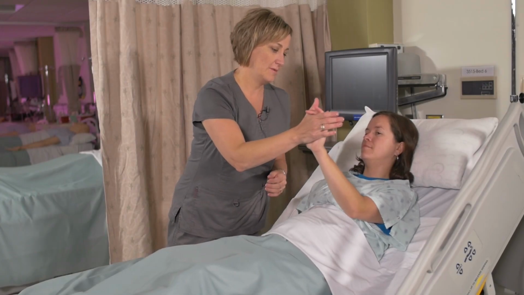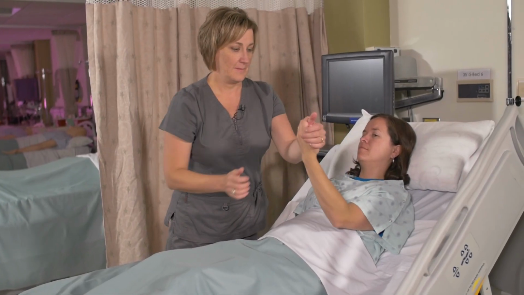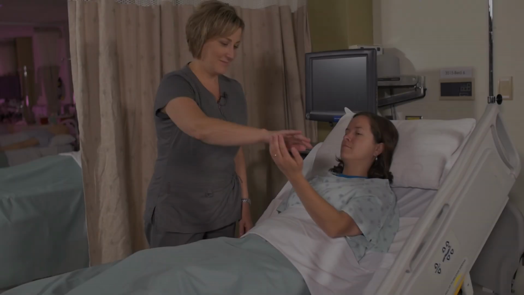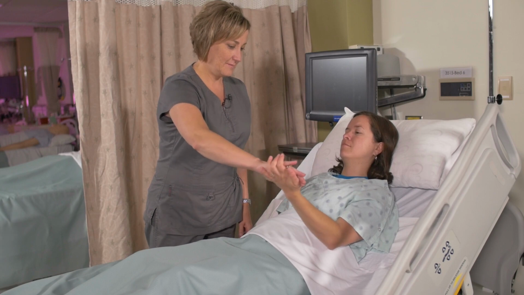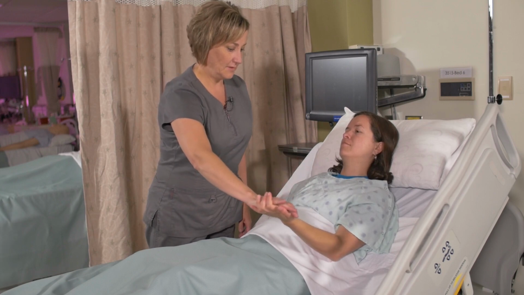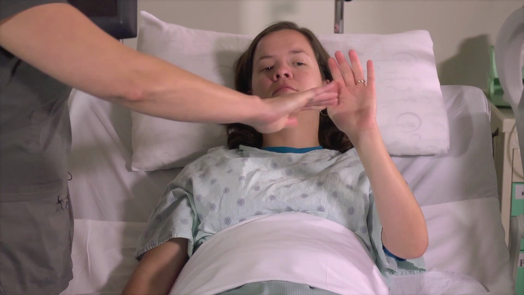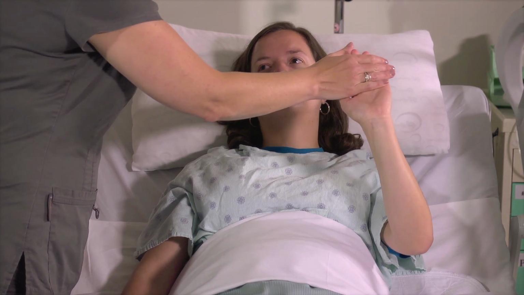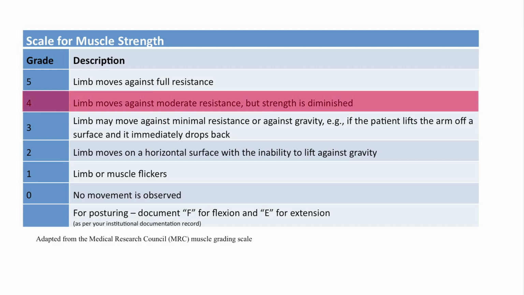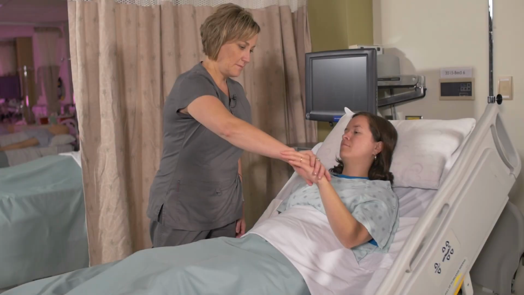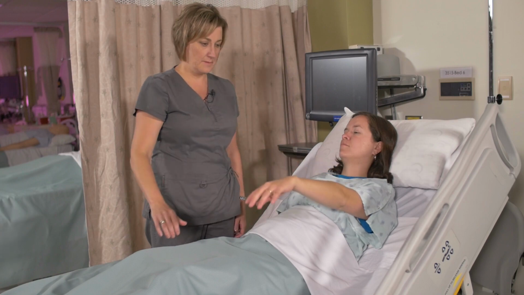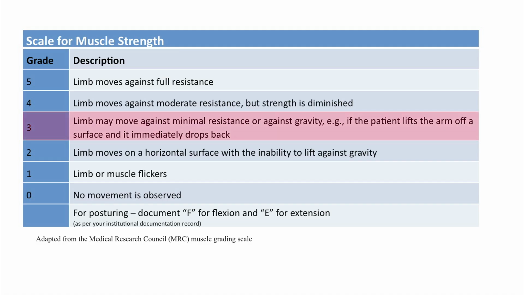Grade 5. Limb moves against full resistance. Grade 4. Limb movement against moderate resistance, but strength is diminished. Grade 3. Limb may move against minimal resistance or against gravity.